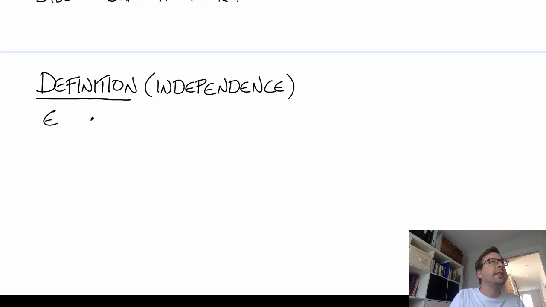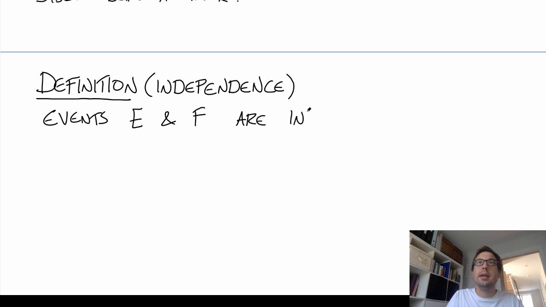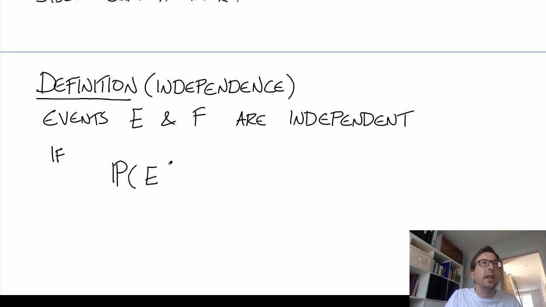Say events E and F are independent if the probability of E given F, okay, so given I know, say that my first sibling is a brother, this shouldn't affect the probability of the second sibling being a sister.